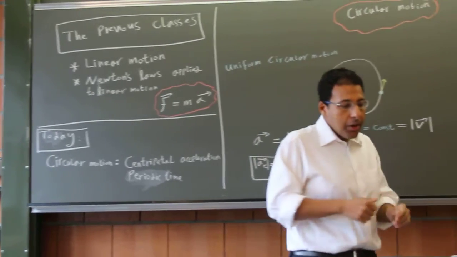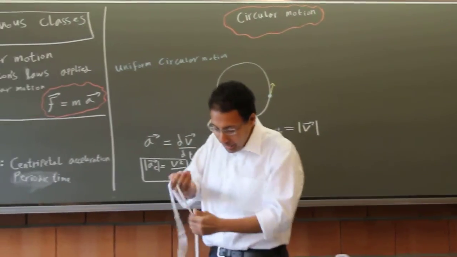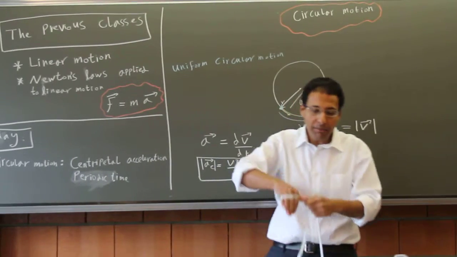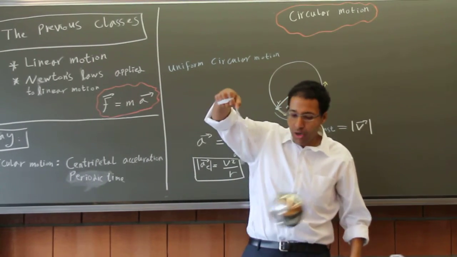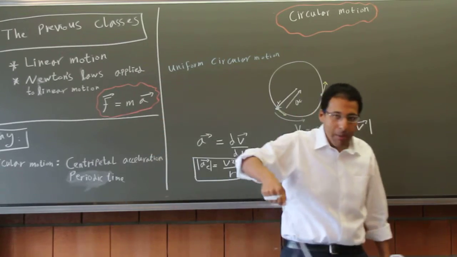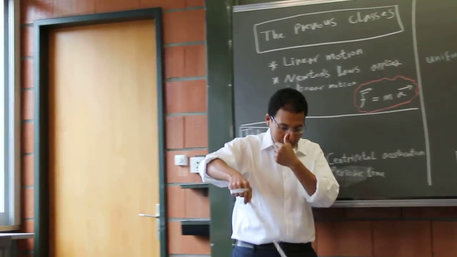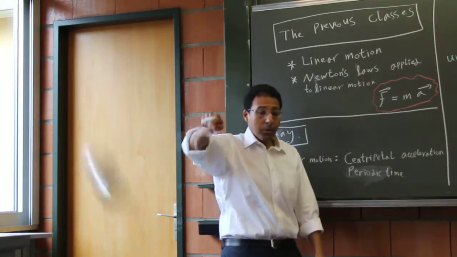Okay, here I have a demo, and I would like you to try this yourself. This is just a ball attached to a string, and now I'm going to rotate this ball so fast.